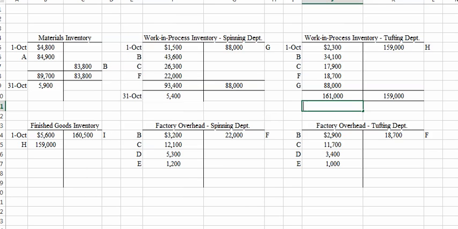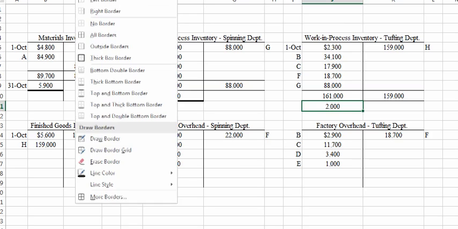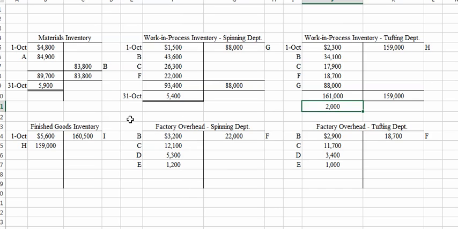So we're going to say 161,000 minus the 159,000. Of course, that's going to be $2,000. And that's the 10/31 balance.